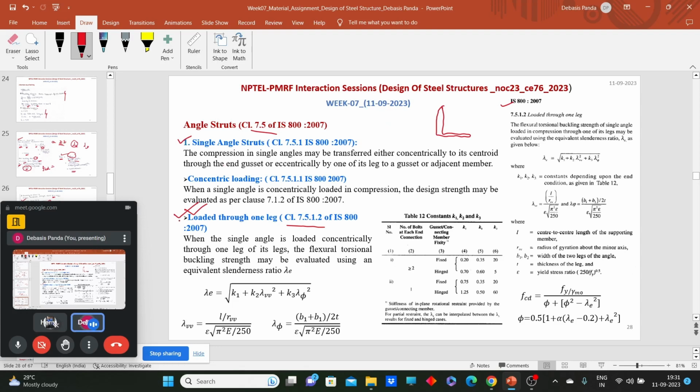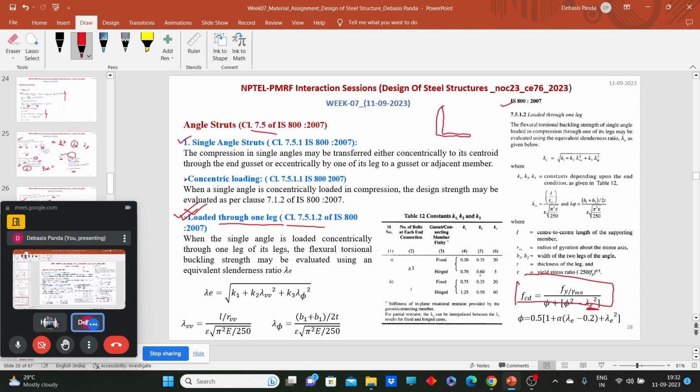But if there is eccentricity, that means it is loaded through one leg, which is the most common phenomenon for the angle strut, then one thing will change in the calculation of FCD. How can we calculate the FCD value? Using this equation, where lambda plays a vital role.